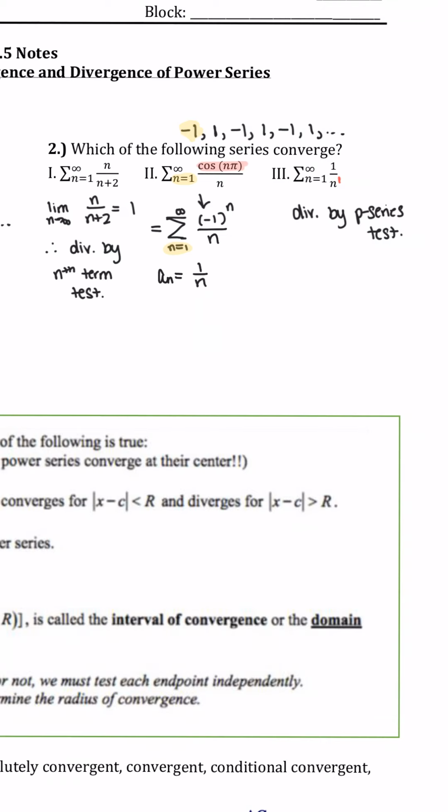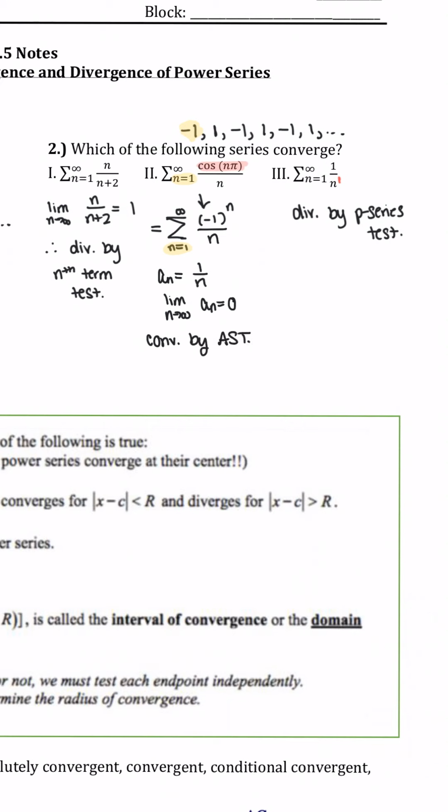So the limit as n approaches infinity of a sub n needs to be equal to 0, which it does, and the terms have to be decreasing every single time, which this one will. Therefore, this passes the alternating series test, and I know that this will converge by the alternating series test.